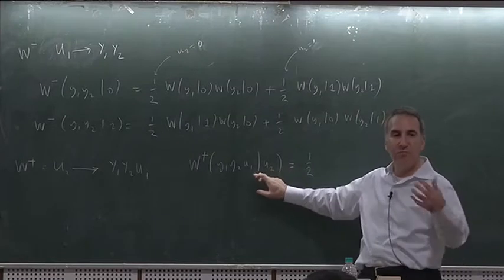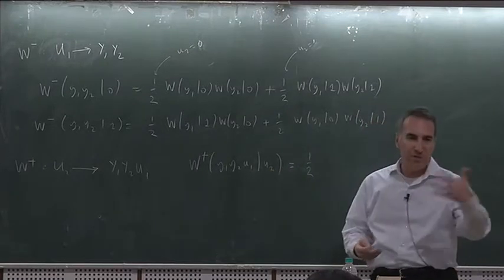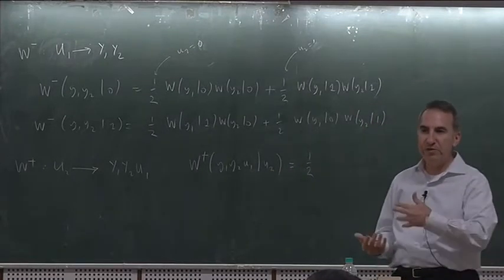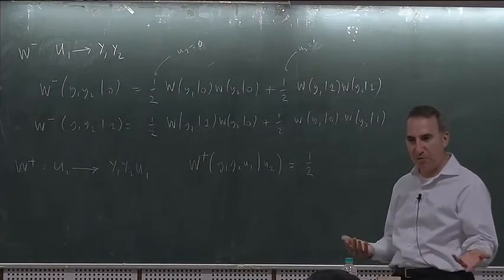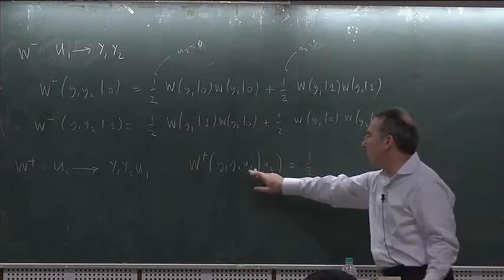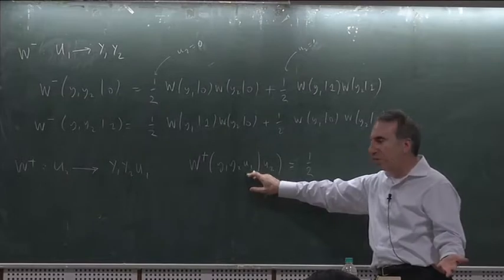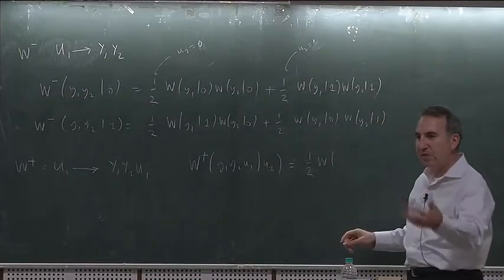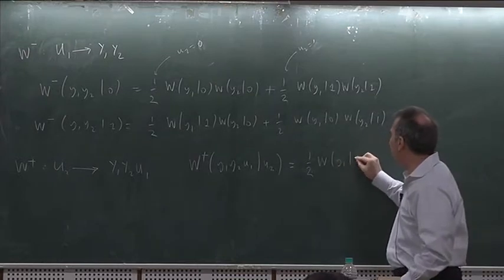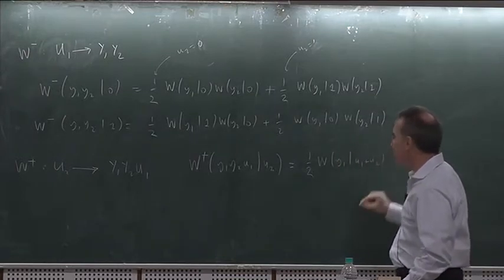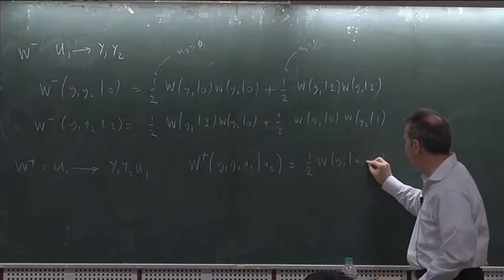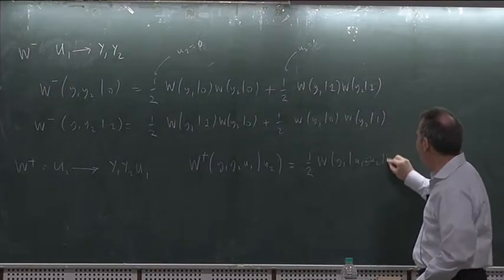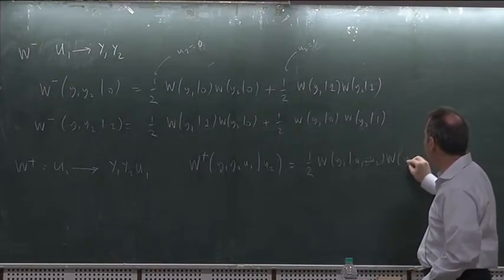Given u2, this observation u1 is equally likely to be 0 or 1 because it is independently chosen from u2. But now that you have chosen to observe the u1, you know that the first channel is being sent x1, which is equal to y1, which is equal to u1 plus u2. Okay, this is a modulo 2 sum here. And the second channel is sent u2.